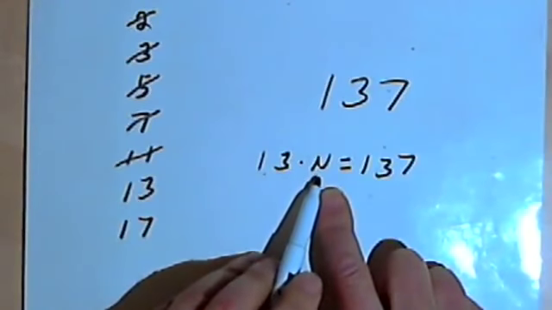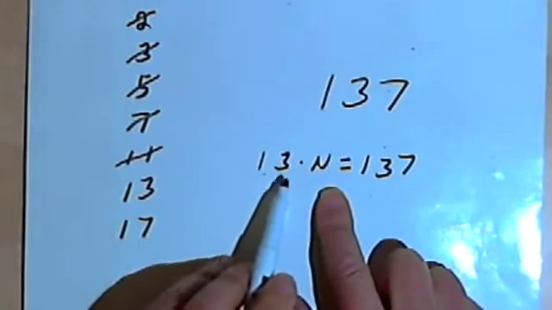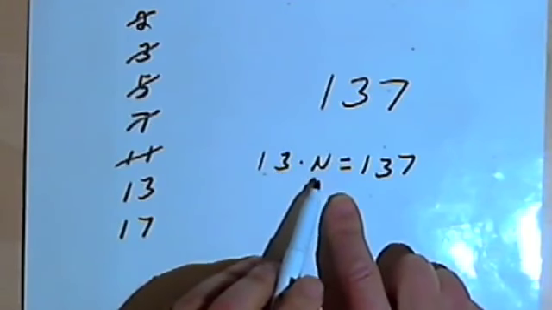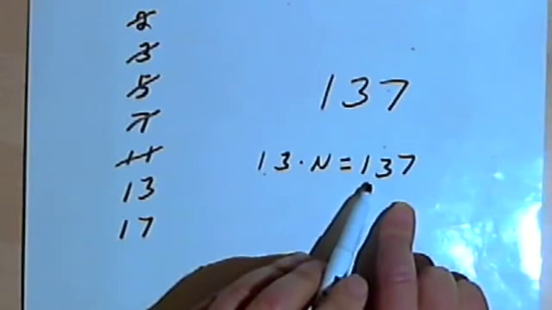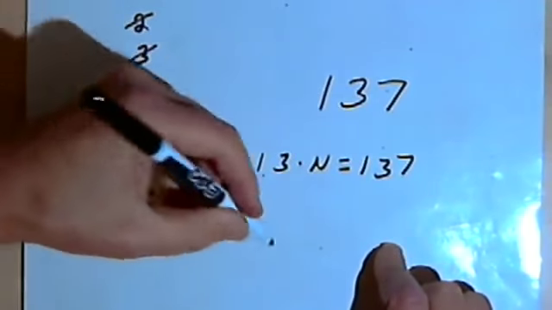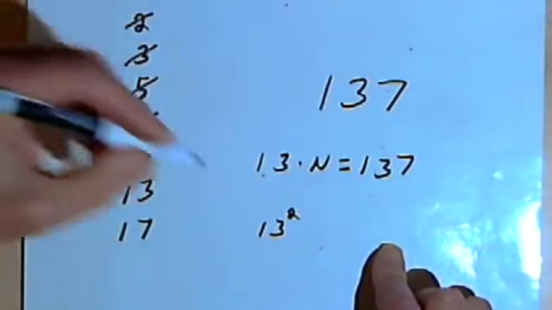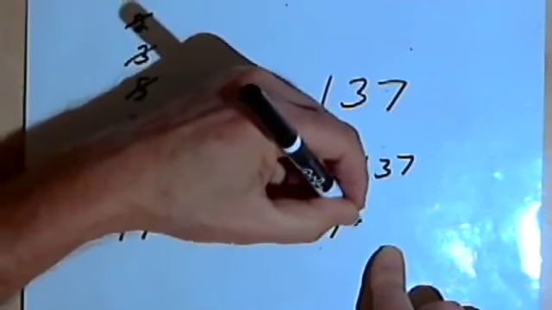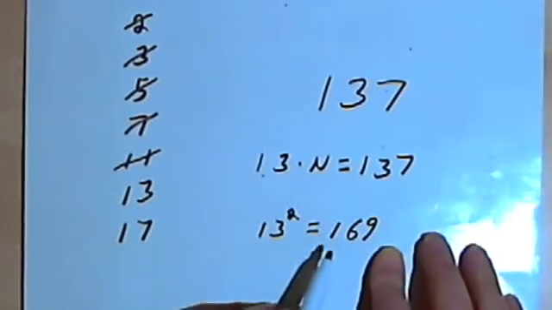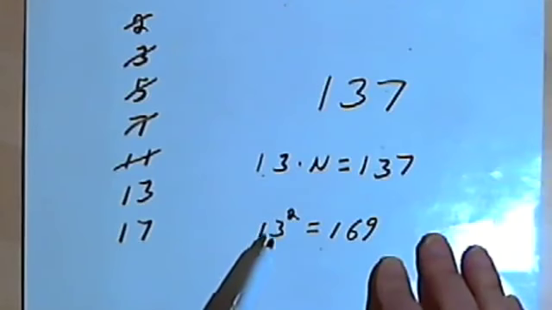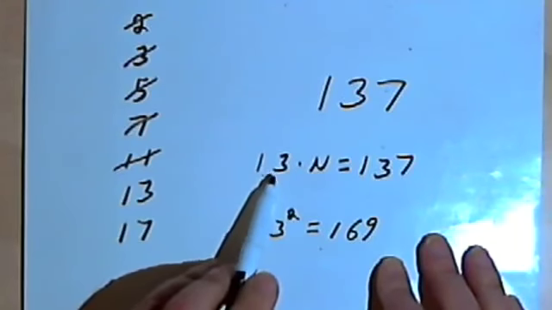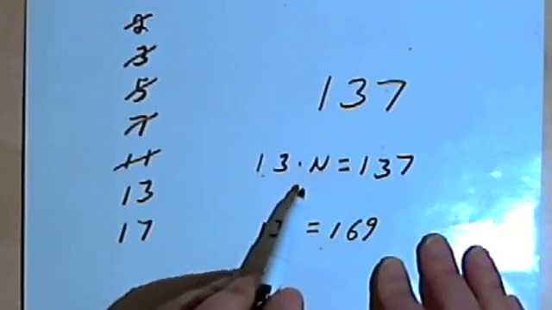So maybe n equals 13. Well, if n equals 13, that means 13 times 13 equals 137, but it doesn't. 13 times 13, or 13 squared, equals 169, and that's too big. Which also means any number bigger than 13, like 13 times 17, would not work either.